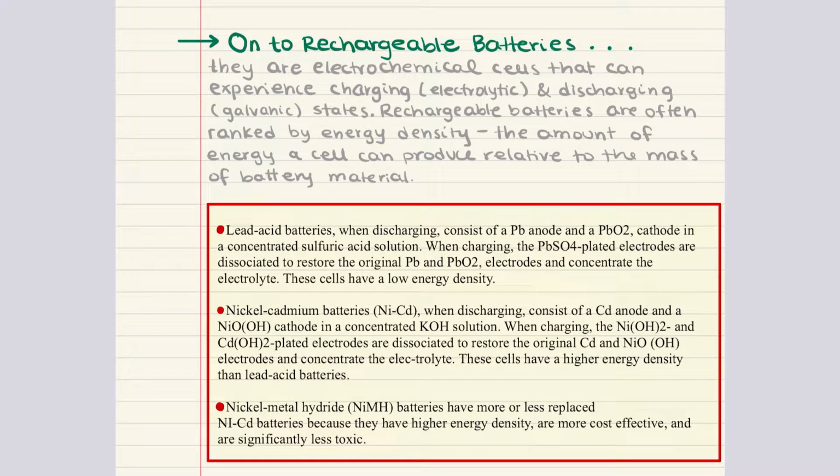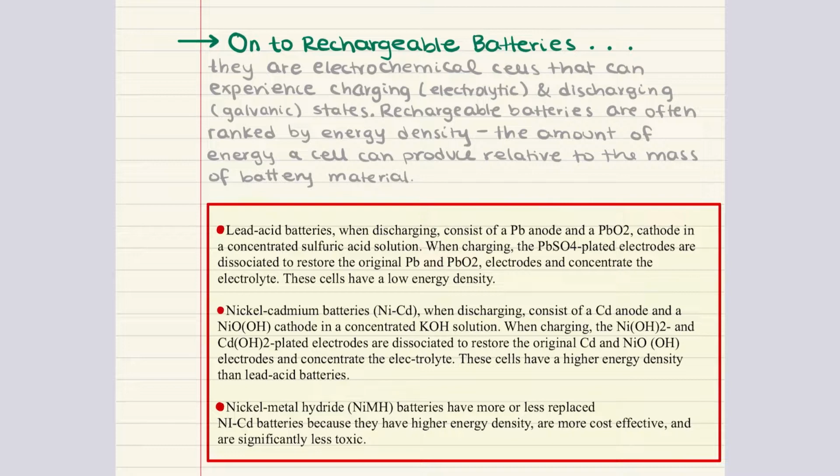A lead-acid battery, also known as a lead storage battery, is a specific type of rechargeable battery that's widely used in vehicles. When fully charged, a lead-acid battery operates as a voltaic cell consisting of two half cells. The anode is made out of lead, and the cathode is made out of porous lead dioxide.